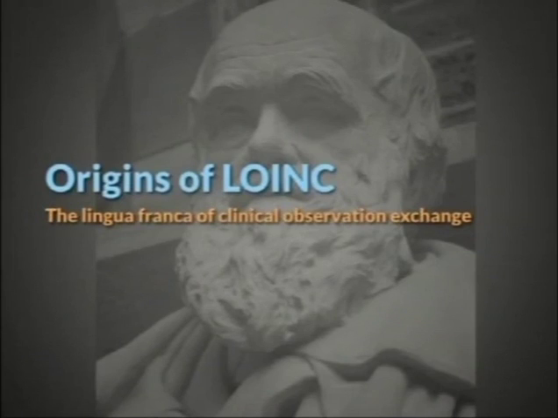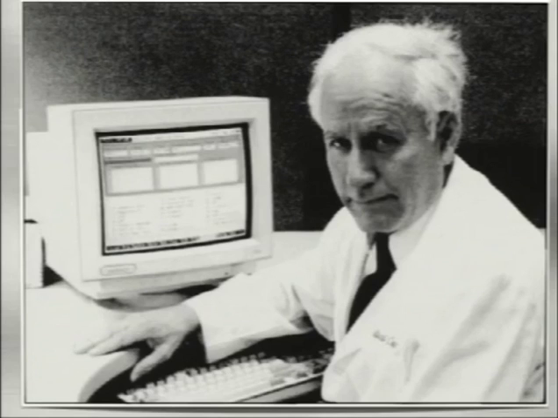So how did LOINC get started? I'm going to describe a little bit about how LOINC came to be. And it really all starts with Clem and his vision for using computers and information technology to help clinicians make better decisions. When Clem arrived here at Regenstrief in the early 70s, he set out on this course to design computer systems to help clinicians take better care of patients.